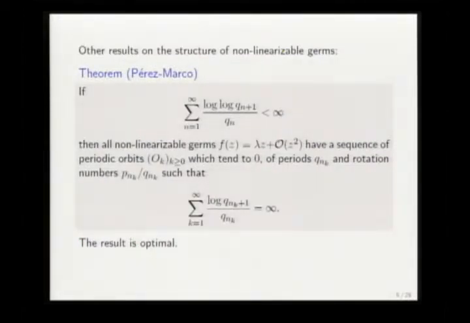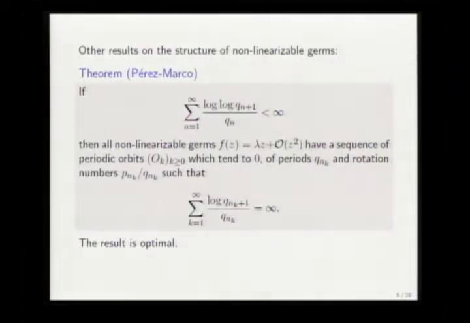All right, one more very interesting theorem about the local structure of non-linearizable germs is the following. Suppose the sum of log q_{n+1} over q_n is equal to infinity. So this is a refinement of the Bruno condition.